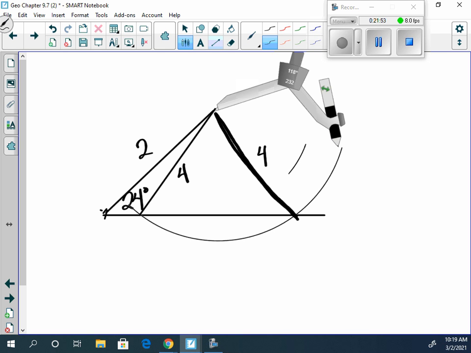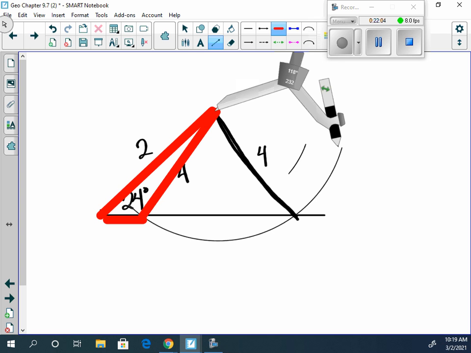Now what we have is a triangle, these two triangles, this one here, and this one here, both have side lengths of 2 and 4, and an angle that is 24 degrees, yes? Yes. But are they the same?